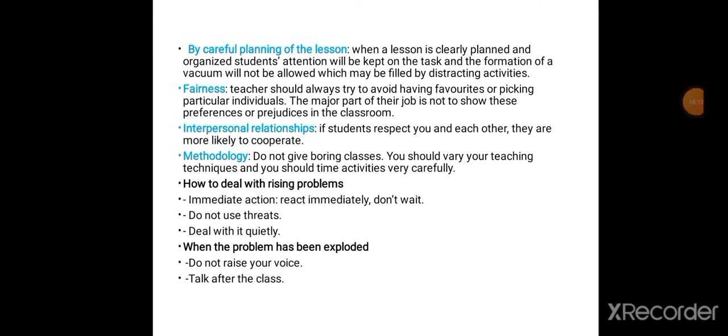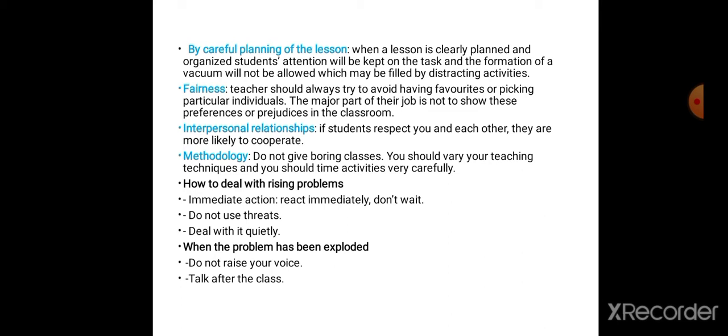The second point is fairness. The teacher should be fair. The teacher should always try to avoid having favorites or picking particular individuals.